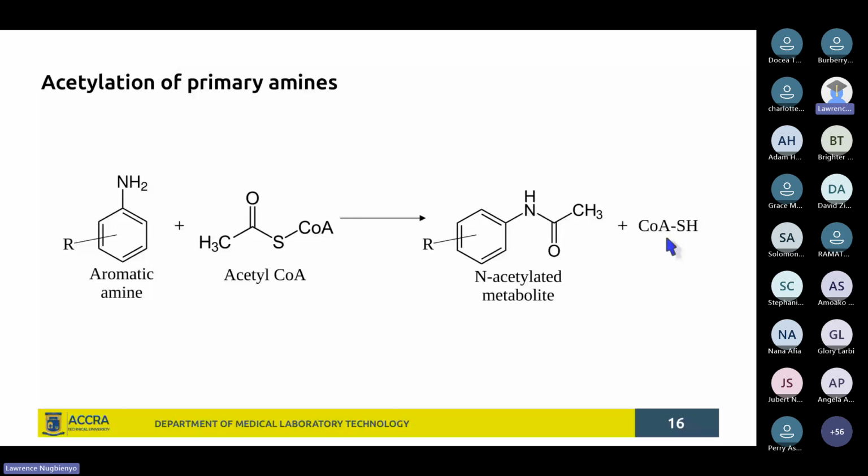When we are talking about genetic polymorphisms, we can talk about N-acetyltransferase, which has genetic differences in different individuals, determining whether a person is a fast metabolizer or a slow metabolizer. Getting to the end, we will see that very briefly.